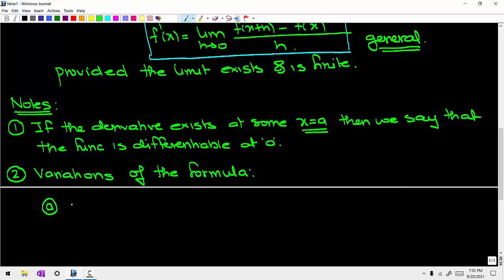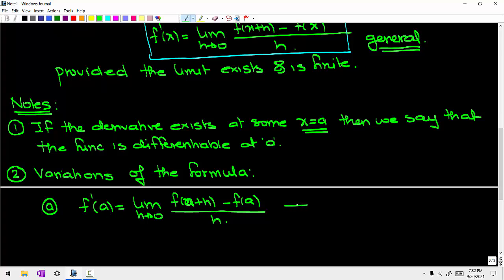One, they will replace x with a, so we get f prime of a is equal to the limit as h goes to 0 of f of a plus h minus f of a divided by h. So this gives us the derivative at x is equal to a. So that's one variation where you have a specific point.